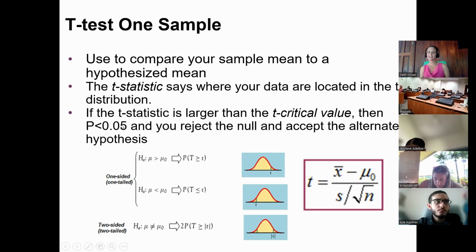If the test statistic is larger than the T critical value, then P, the probability of getting those data by chance if the H0 were true, is less than 0.05. And you reject the null hypothesis and accept the alternative hypothesis.